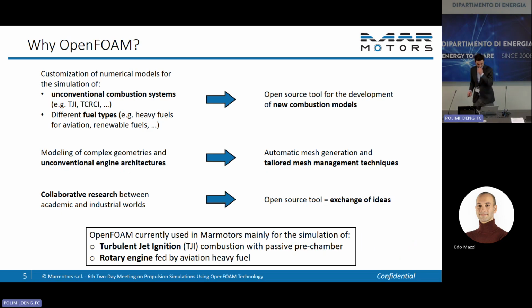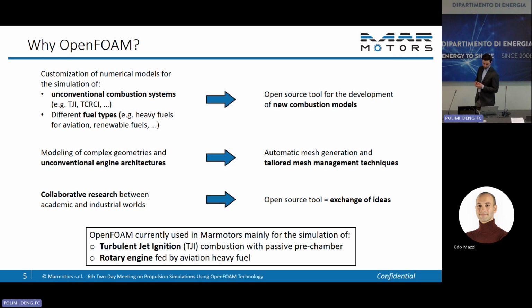Why did we choose to have this strong collaboration with the Politecnico di Milano, in order to also improve our knowledge of the OpenFOAM technology? Because we work in the research and development of really particular types of combustion systems, we need a numerical code that can be customized for our aim, and software that can be used with really niche and particular kinds of geometries.